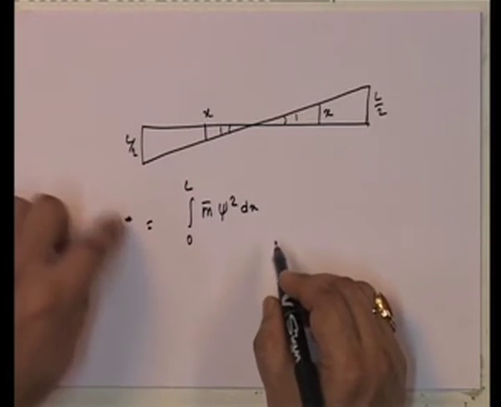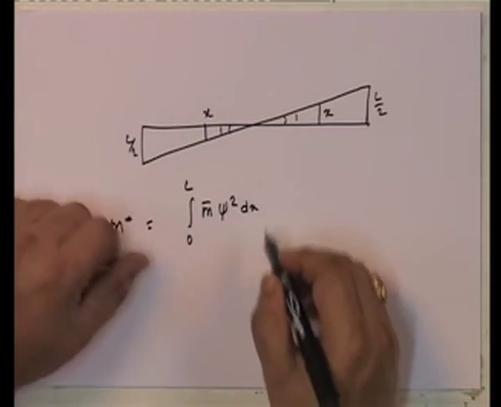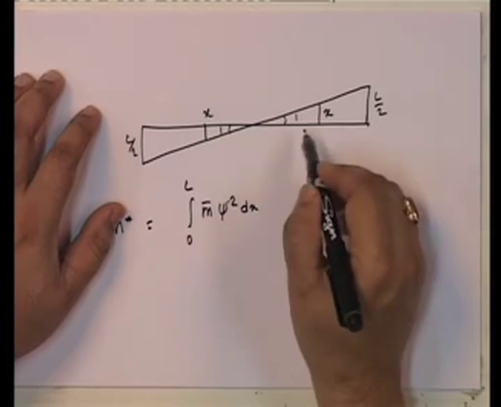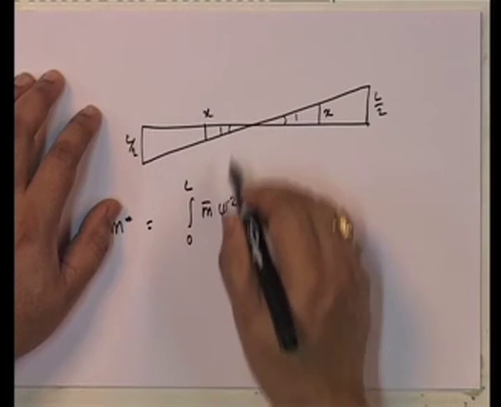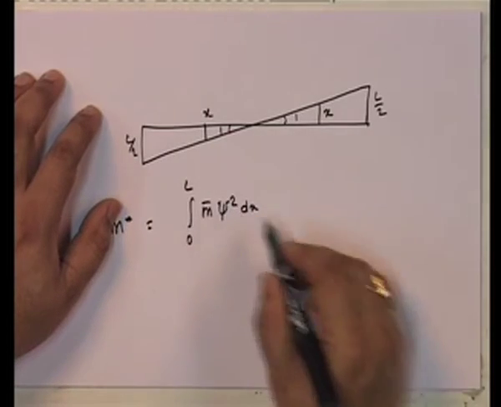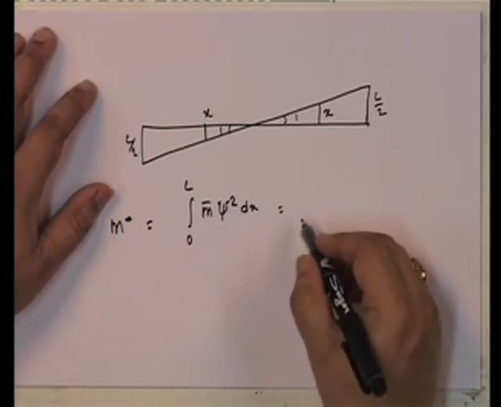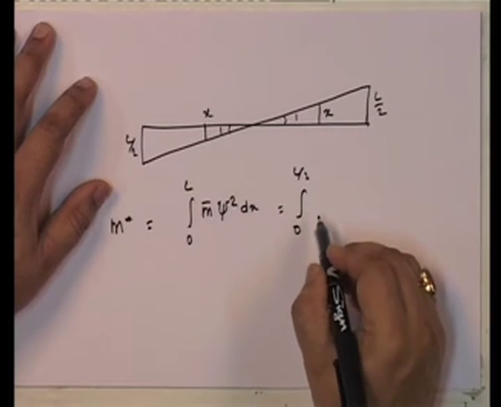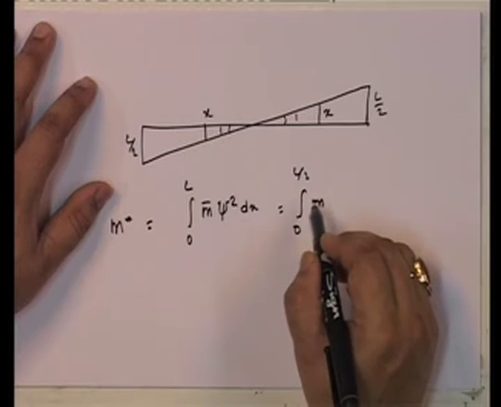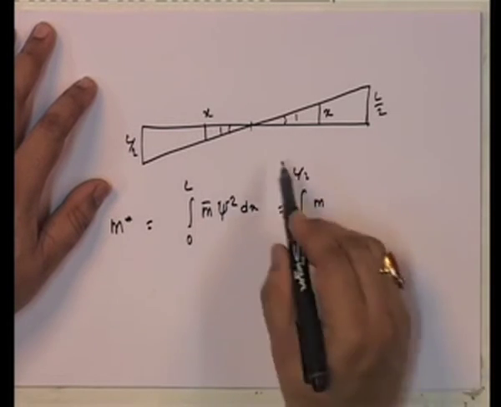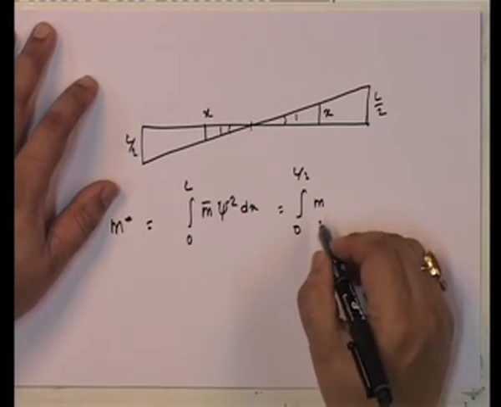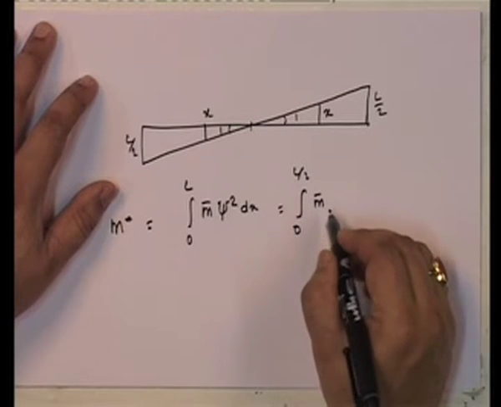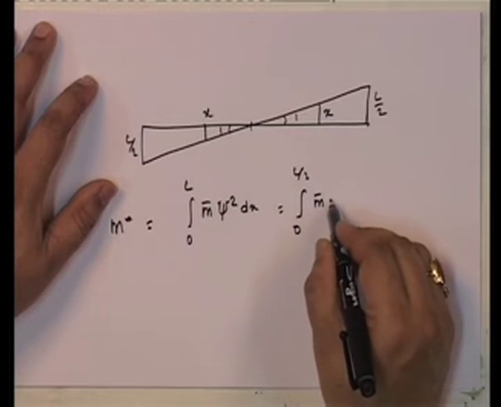Now, note that 0 to L in this particular case, because xi is actually a little bit different from here. So, why we get it is it is going to be equal to 0 to L over 2, because x goes from 0 to L by 2 in both directions. So, m bar, okay, xi is what?